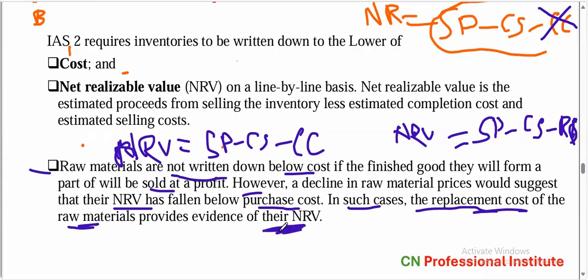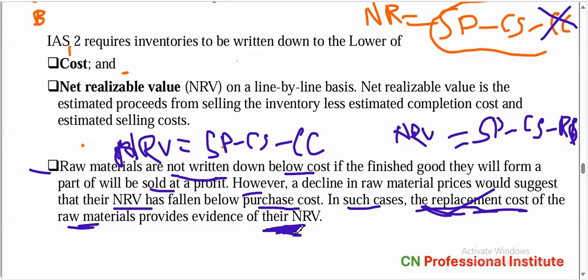If you really understand the standard, this is what it is trying to tell us: raw materials are usually not meant for resale, so why should you worry yourself with their net realizable value? The standard says that if there's a decline in raw material prices, we should use the replacement cost to measure their NRV. Are you getting it? So that's the idea.